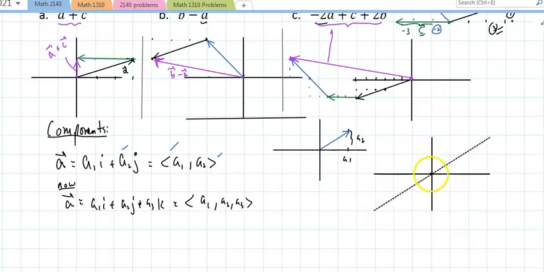So if I assume this is a sub 1, and this is a sub 2, and this is a sub 3, my vector would really be right there.